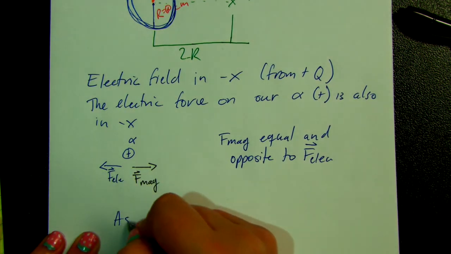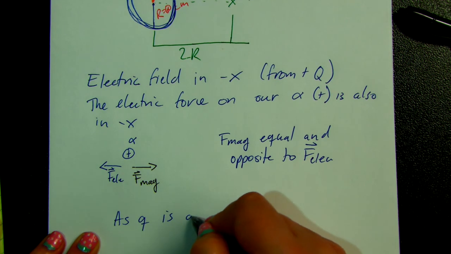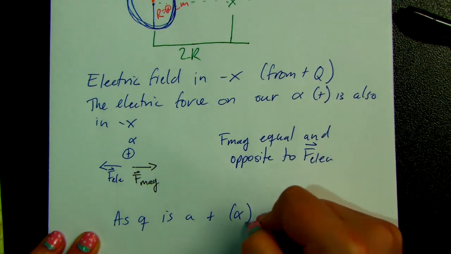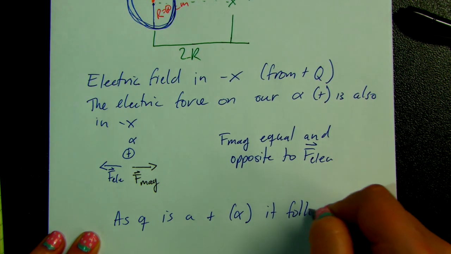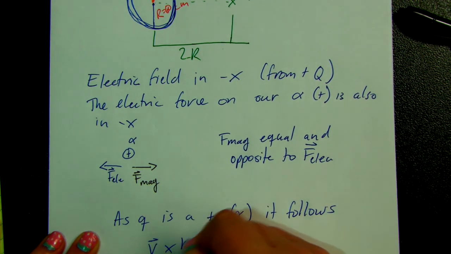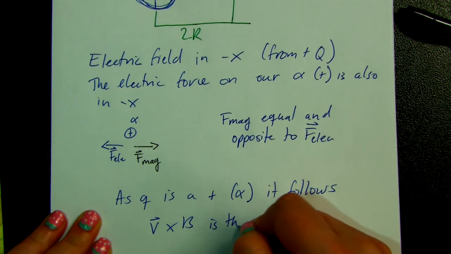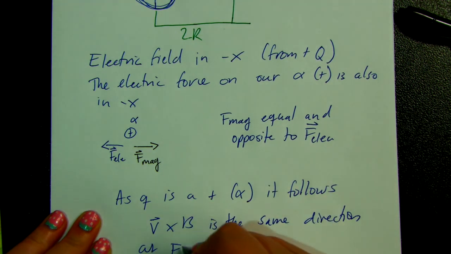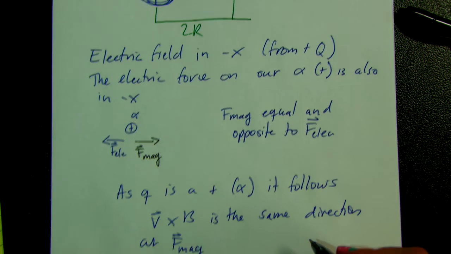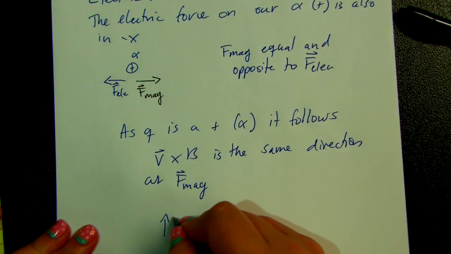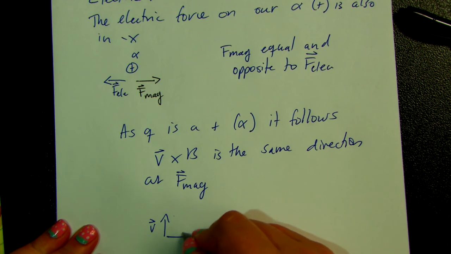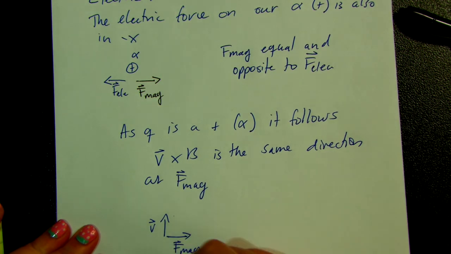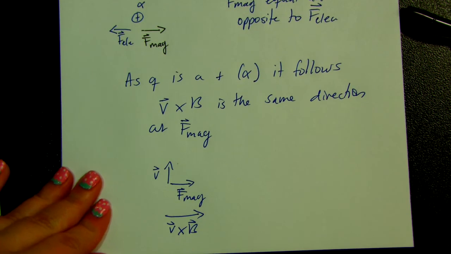As Q is a positive particle, so it's an alpha, it follows that V cross B is in the same direction as F magnetic. So building on this, we have our velocity going up, we have our magnetic force, and then we know then that V cross B must be in that direction as well.